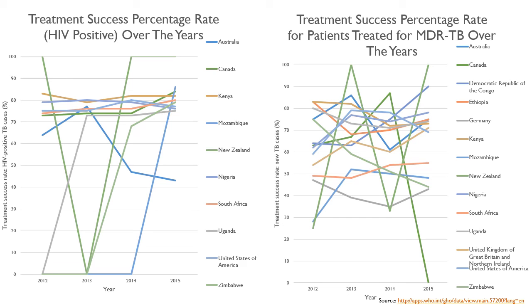And when we see multi-drug resistant TB, this is where it gets very complicated, because it seems like our treatments are not really effective, or we don't know if they're going to be effective or not, regardless of which country you're in. If there's a multi-drug resistant TB bacteria out there, it's very hard to know what results we're going to get at the end of the day.